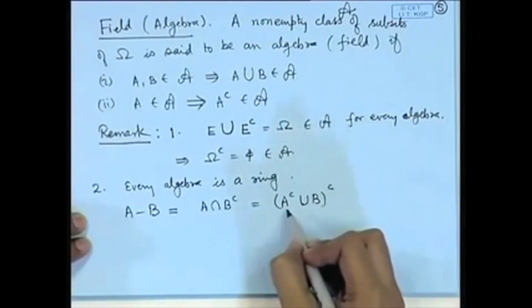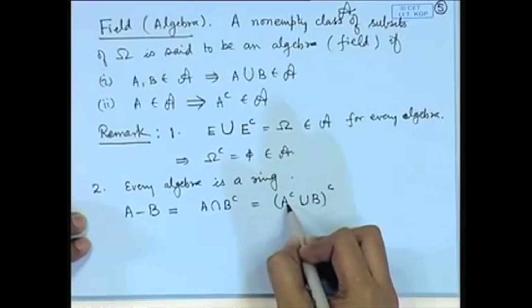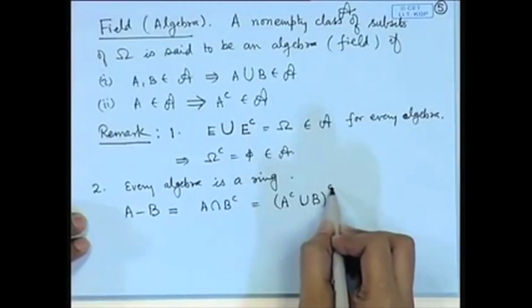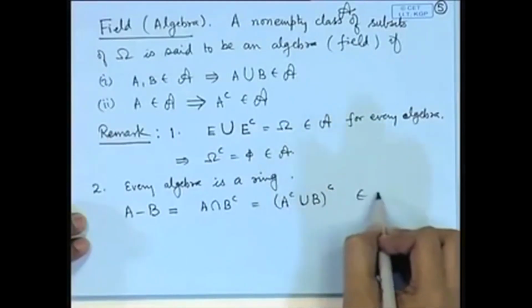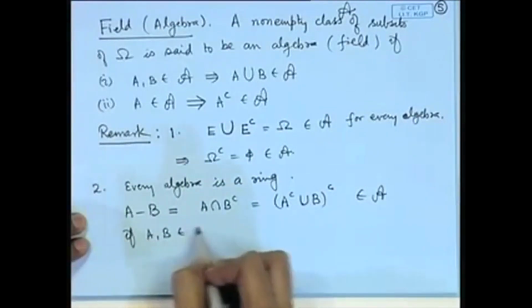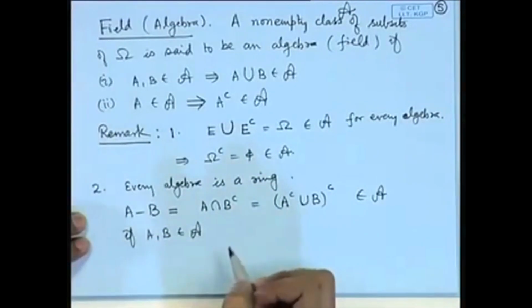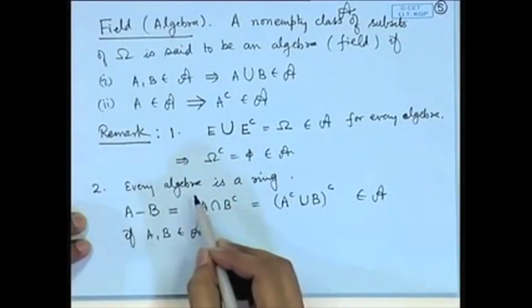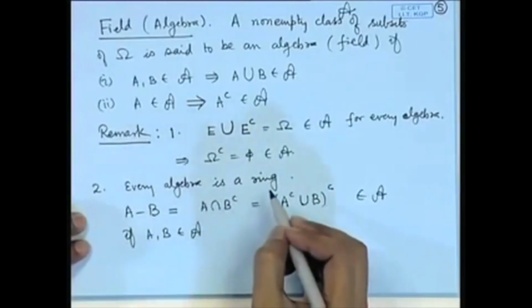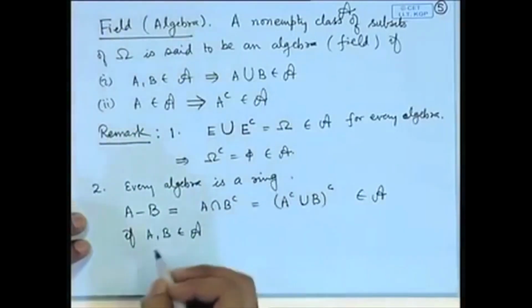Now, by the definition of algebra, if A belongs to the algebra, then A complement belongs to the algebra. Now, A complement union B will belong to the algebra, and therefore its complementation will belong to the algebra. Therefore, if A and B belong to the algebra, then A minus B also belongs, and therefore every algebra is a ring. So, in some sense, you can say that algebra is an extension of the definition of the ring.